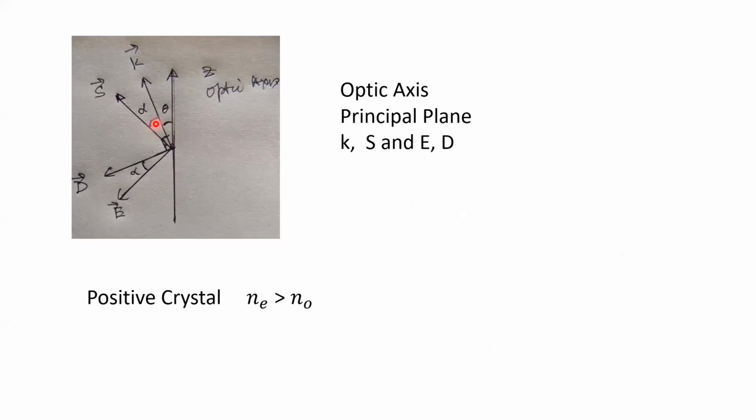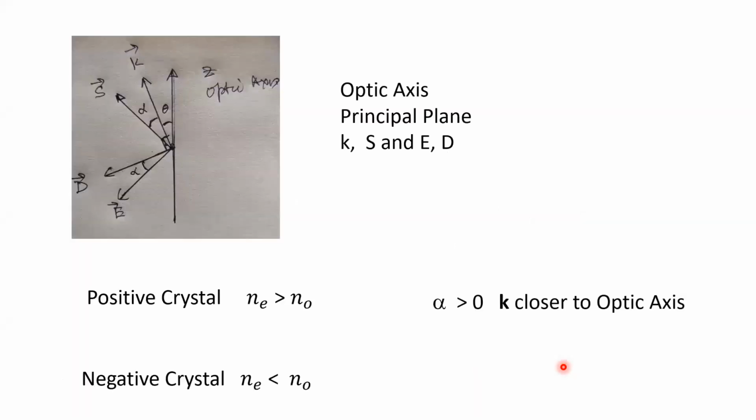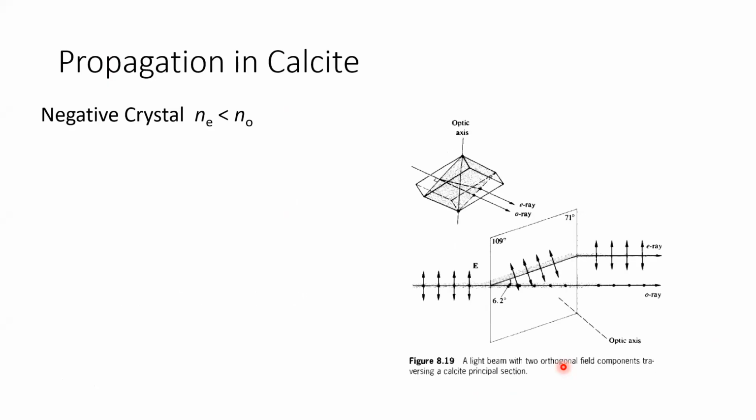And that angle, of course, we had an expression earlier, the tangent function, this one. So if you want to use this formula, you have to use theta. And what is this theta? This theta is the angle between optic axis and the K. So if you go back to this diagram, K is in this direction, optic axis is this.